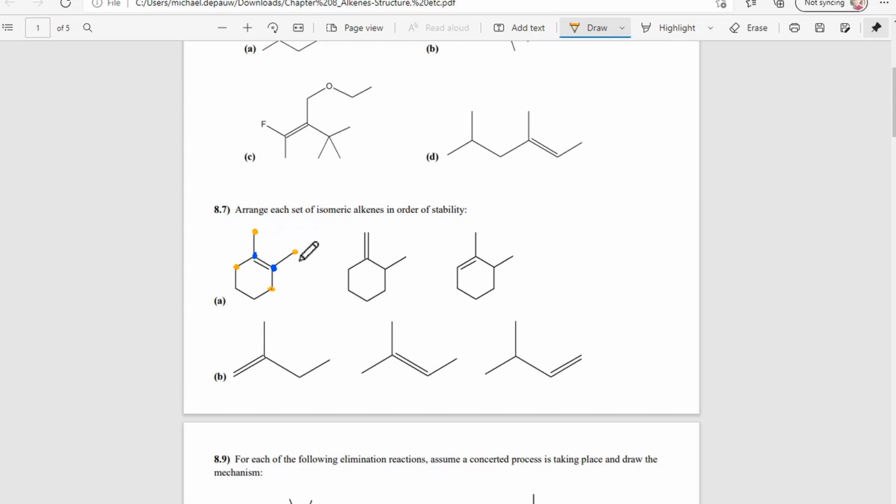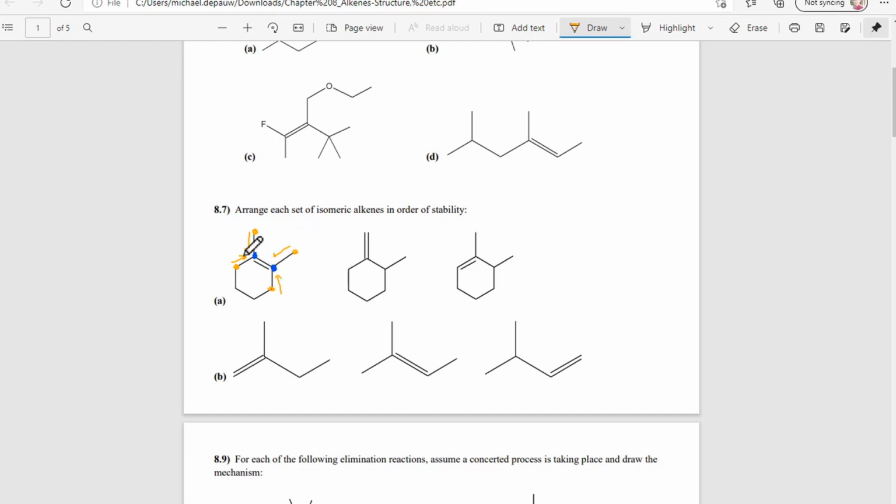So the inductive effect stabilizes these carbons by allowing electron density to be transferred from these alkyl groups through induction, basically through the single bonds, the sigma bonds.